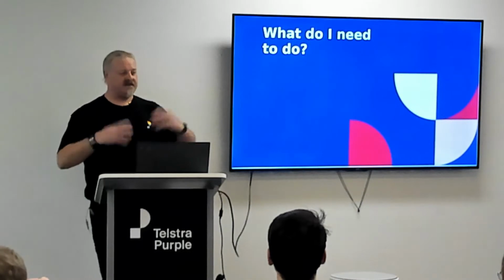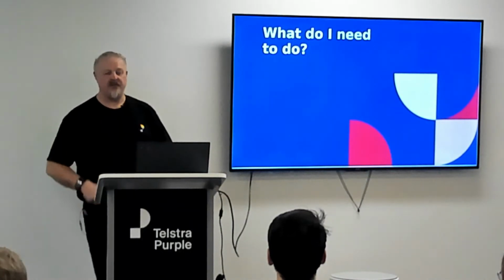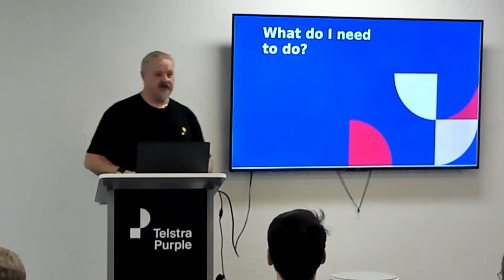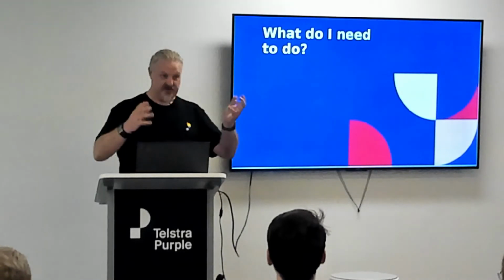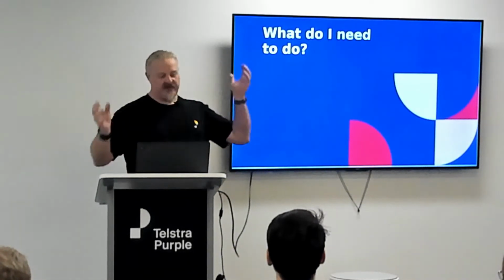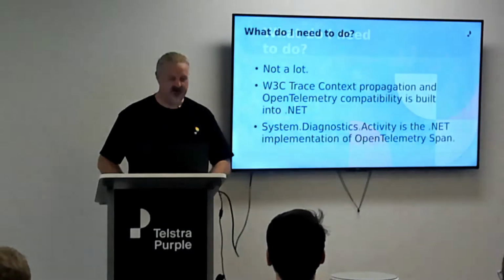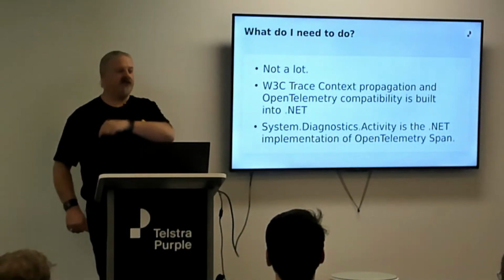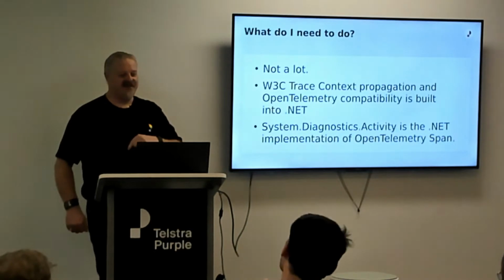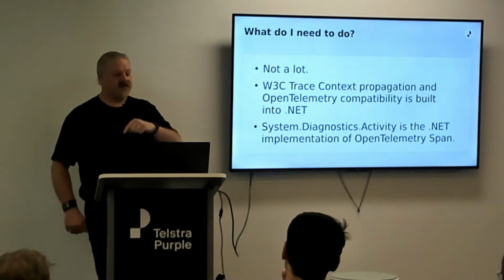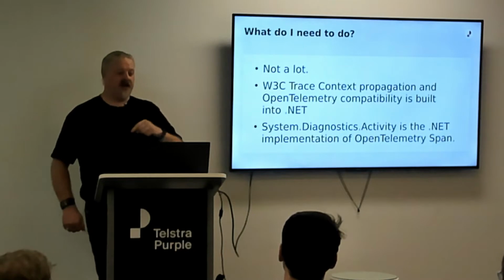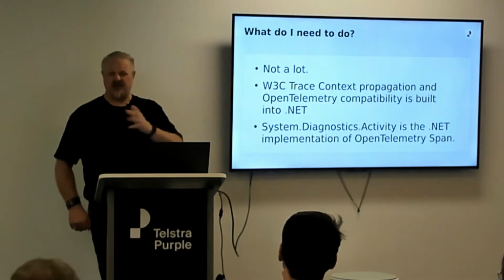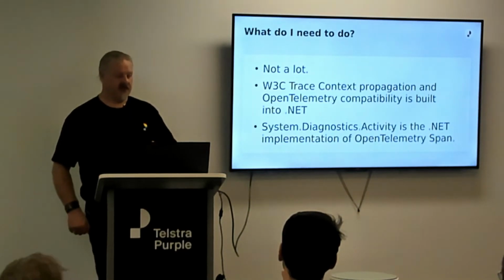So the question then comes, I'm this .NET developer. What do you need to do to get into this new distributed tracing, correlate all the things and so on? Not a lot, because it's actually already built into the core of .NET. W3C Trace Context propagation and OpenTelemetry compatibility was put into .NET 5 and is now available in .NET 6. I think they might have backported some into .NET Core 3 as well.